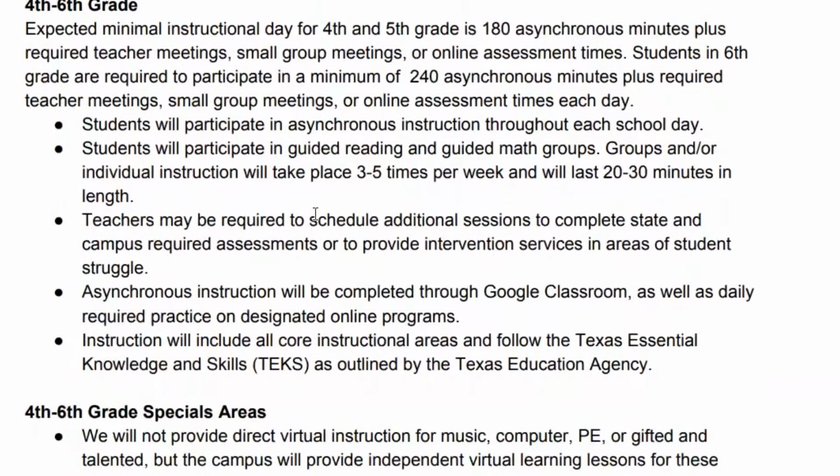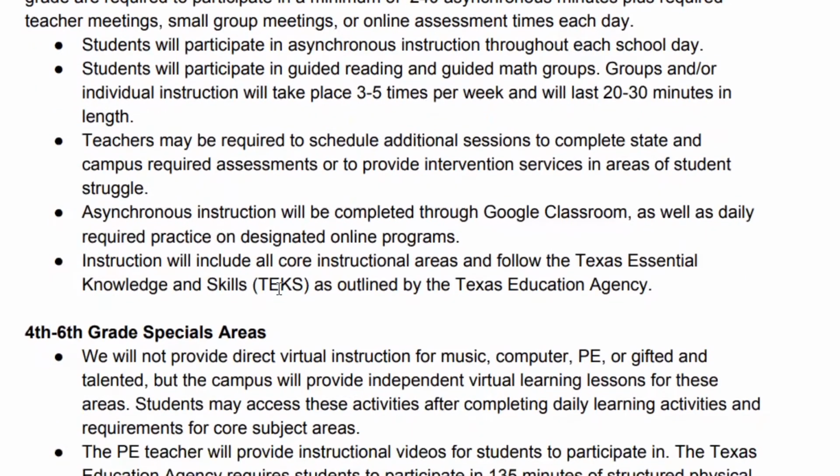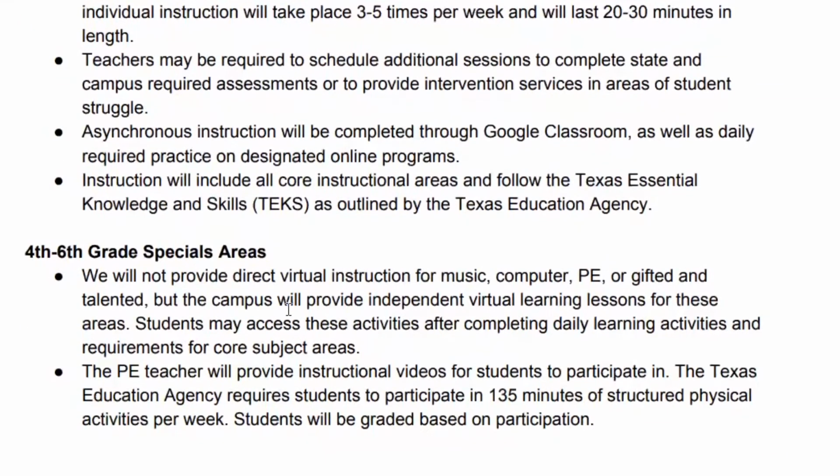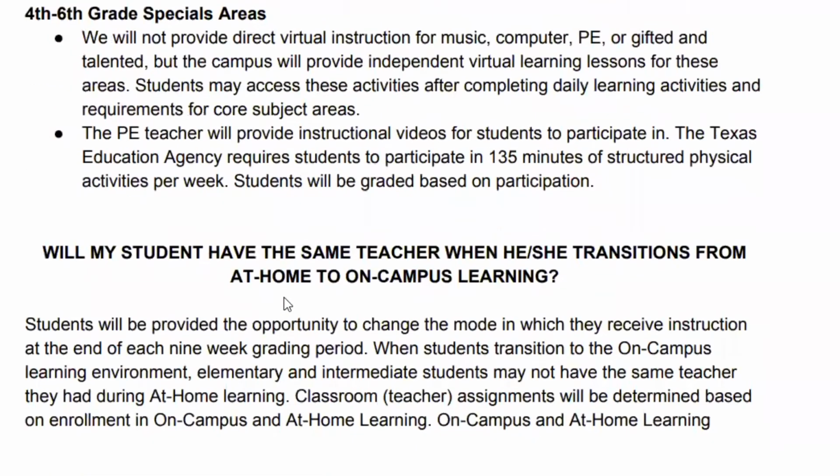So this still continues to be rigorous instruction. Again, not like it was between March through May. We will continue to provide good, strong instruction so that your child can continue to learn.